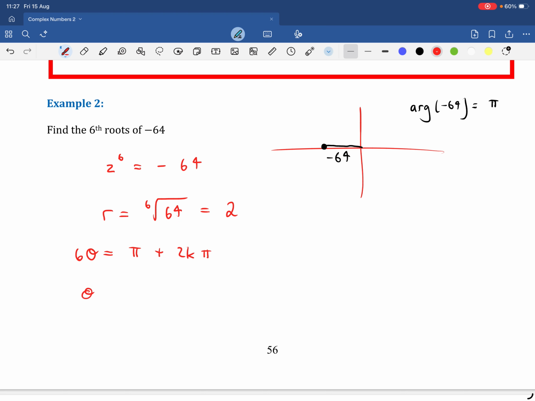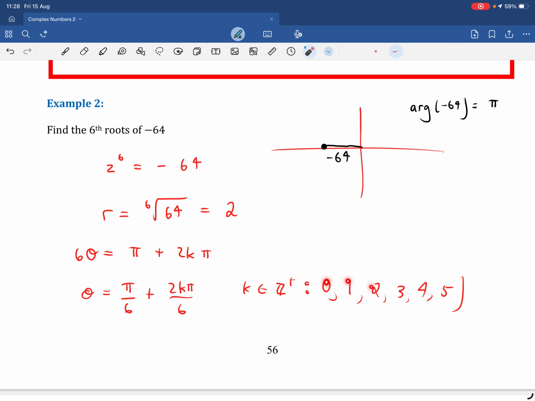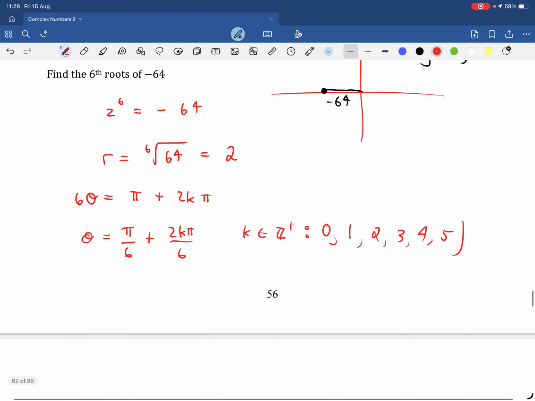And if we divide everything by 6, we get our solutions are separated by this relationship here. And we're going to say that k belongs to the integers. In other words, we've got 0, 1, 2, 3, 4, and 5. And that is 1, 2, 3, 4, 5, 6 solutions.